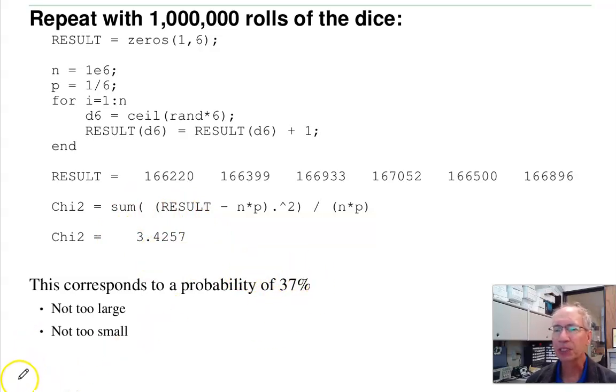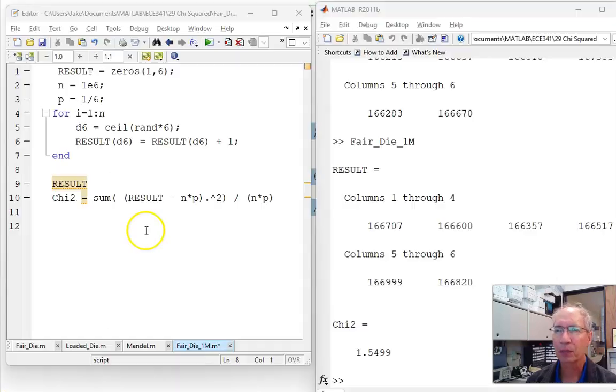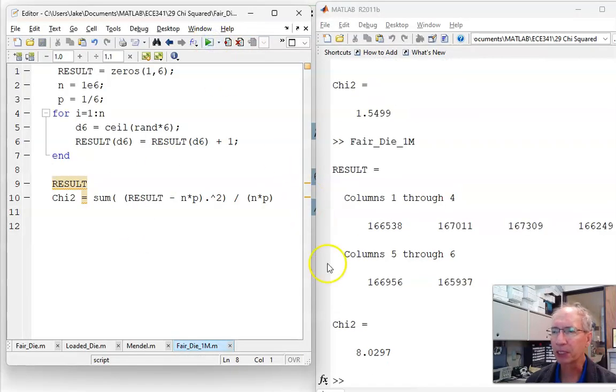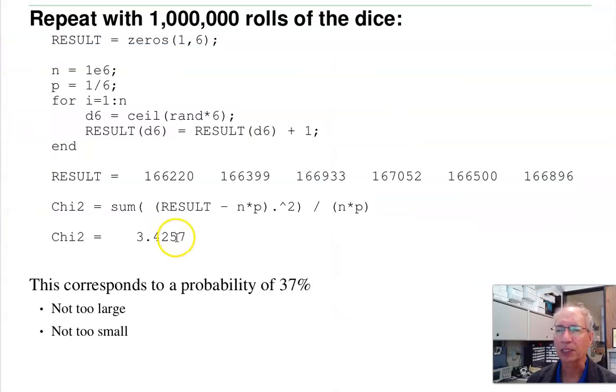And every time you run this, I'm going to get different answers. So for example, if I run it, I got chi-squared scores of 8, 14, 4, 4, 11, 4, 3, 1. Now occasionally, it looks like it's not a fair die. It's a random process.